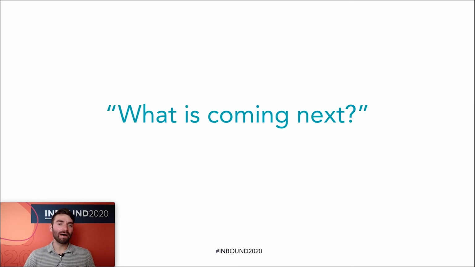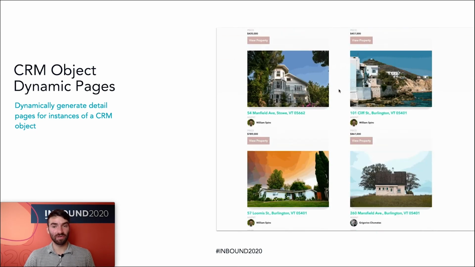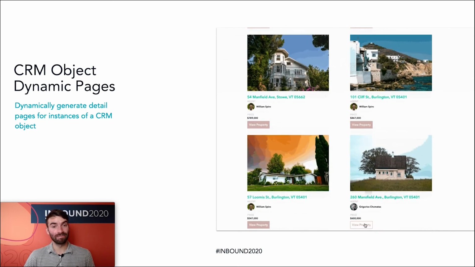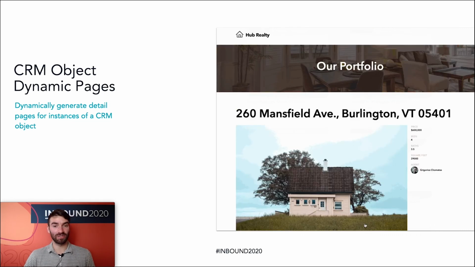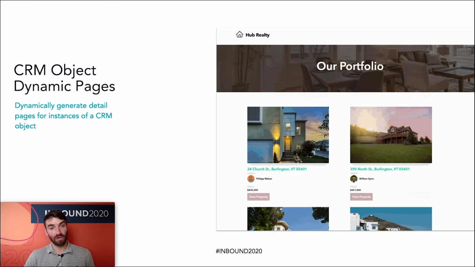So, what else are we working on relating to using CRM data on websites? Some of you might have noticed our setup to show detail views of properties was not so ideal because it just uses a query string to identify a property, and there'd be no good way to view the analytics for a given property's detail view.